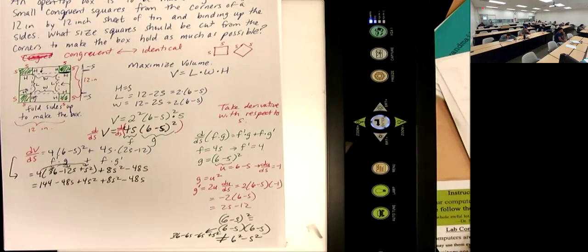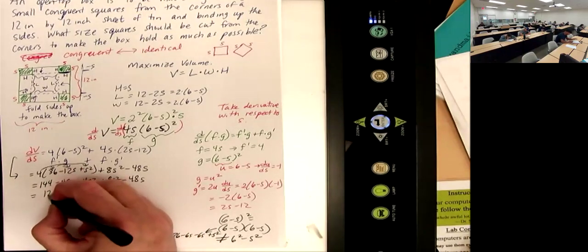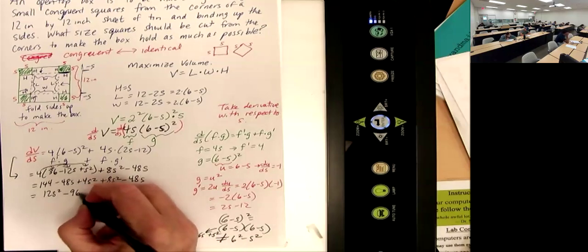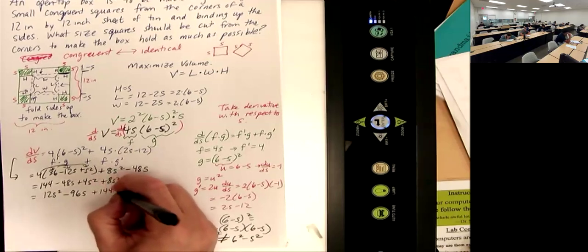And we should combine like terms: 12s squared minus 96s plus 144 equals 0.